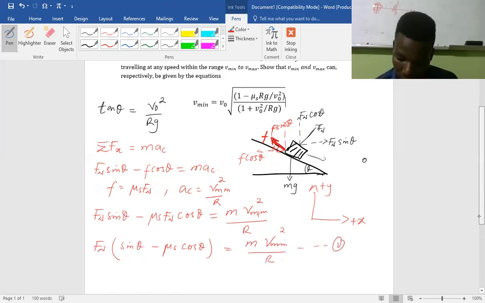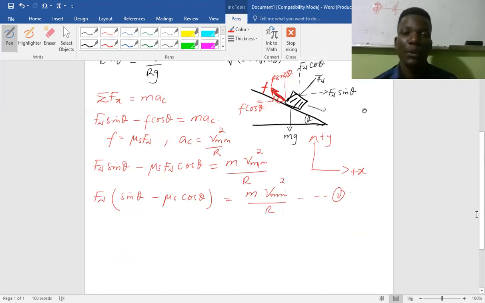So we go to the vertical. Vertical, we can see we don't have motion, so the net force is equal to 0. So what's the net force?